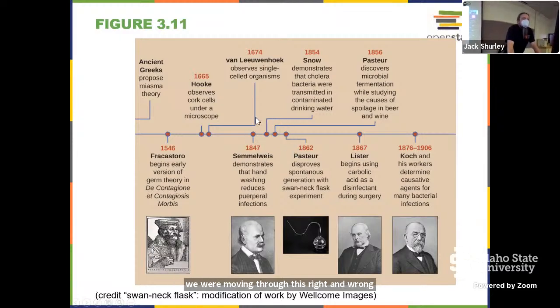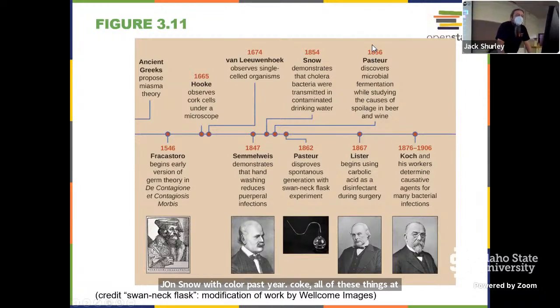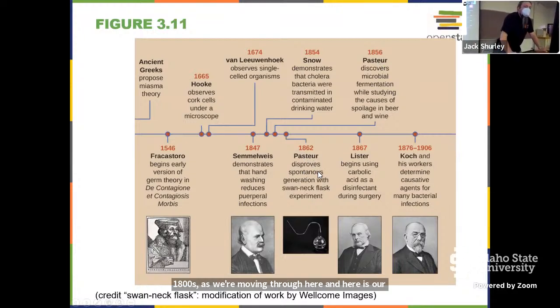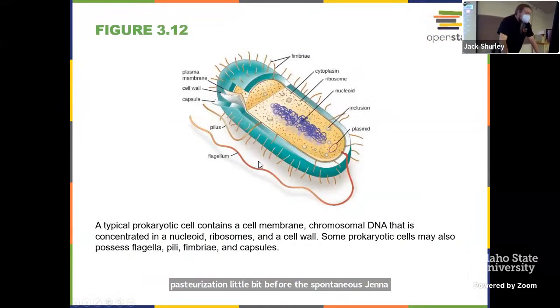And really the 1800s were rich with discovery. John Snow with cholera, Pasteur, Koch, all of these things, 1800s as we're moving through here. And here is our pasteurization a little bit before the spontaneous generation. So pretty interesting.